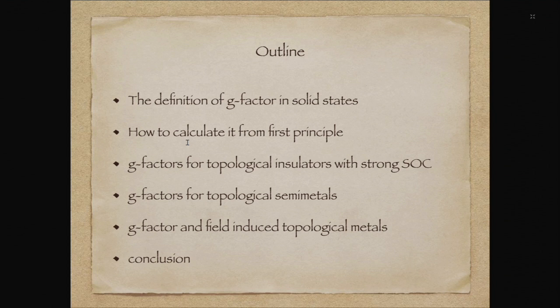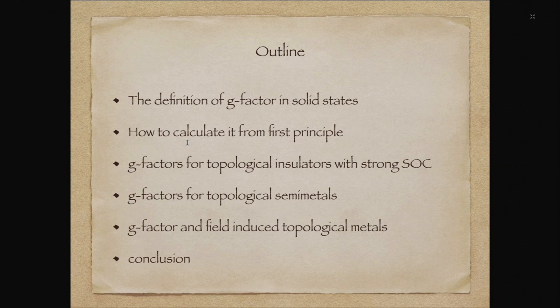I attended one of his group meetings, and one of his students gave a summary, because Shoucheng asked the student to do some literature search on the G factor in solid state physics.